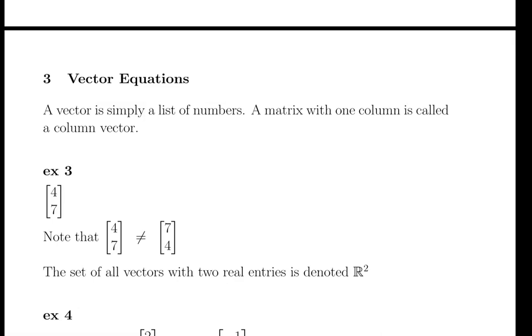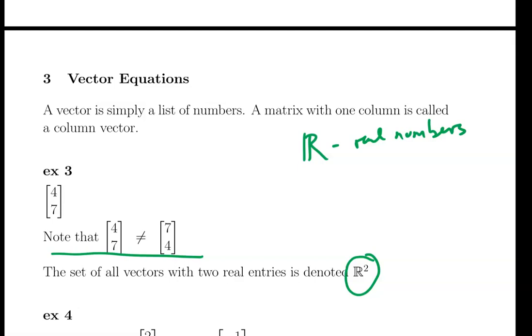Right? And the order does matter. Note that 4, 7 is not the same as 7, 4. The set of all vectors with two real entries is denoted R2. Okay, so again, we should know this symbol, that's the real numbers.